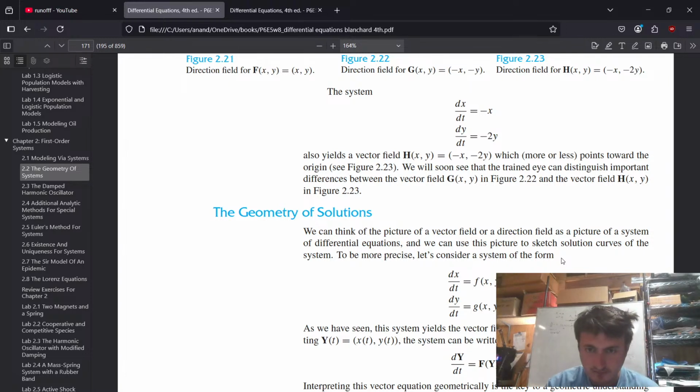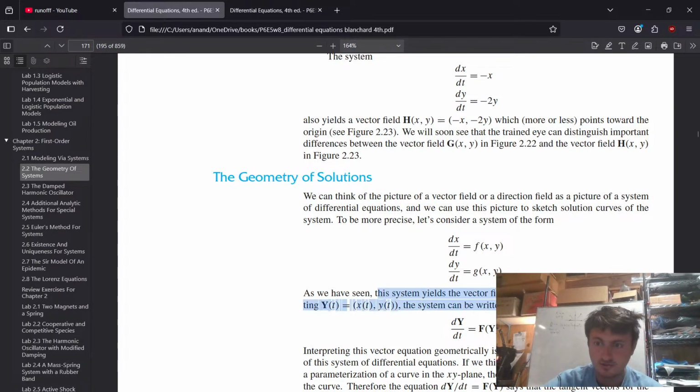We can think of the picture of a vector field or a direction field as a picture of a system of differential equations. We can use this picture to sketch solution curves of a system. To be more precise, let's consider the general form.